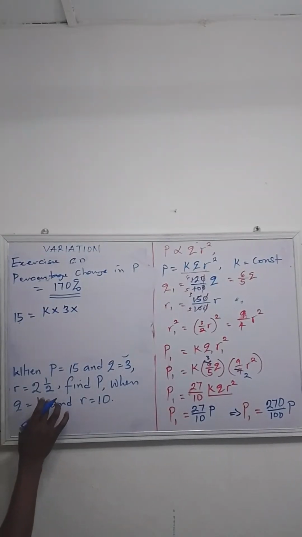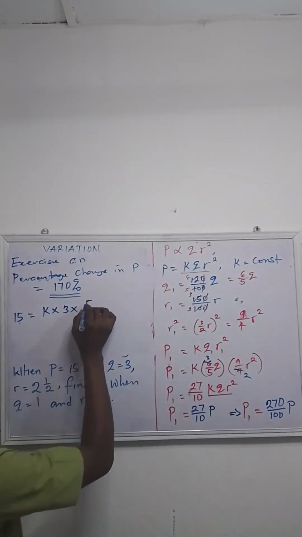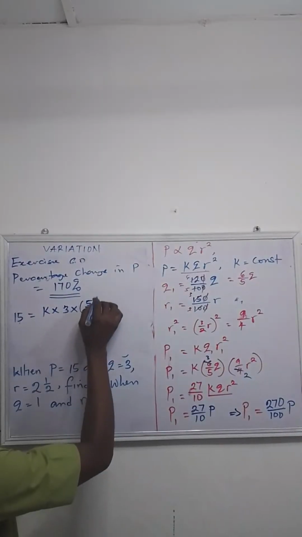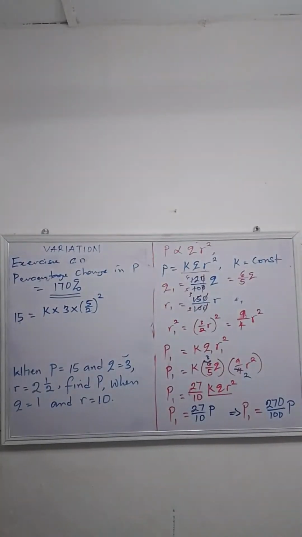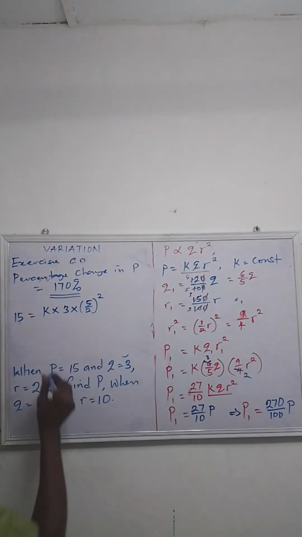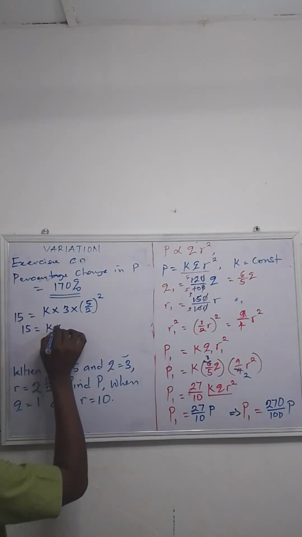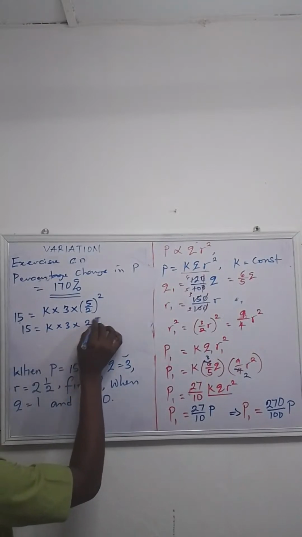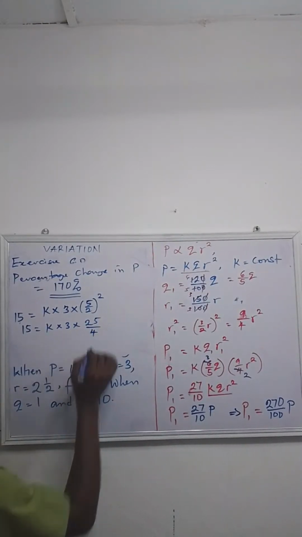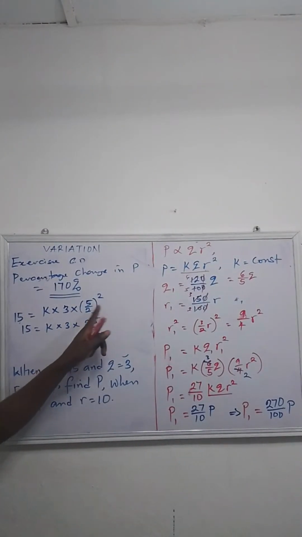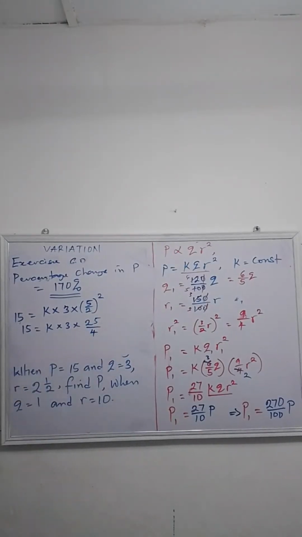So we have 5 over 2 squared. Now we have 15 equals K times 3 times 25 over 4, because 5 times 5 is 25, 2 times 2 is 4.